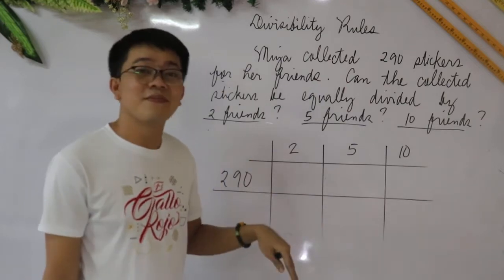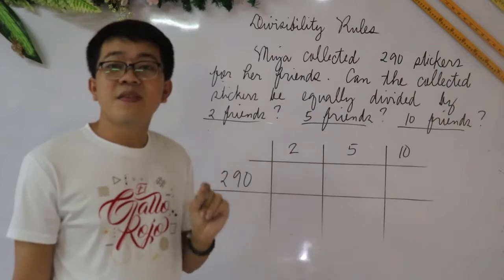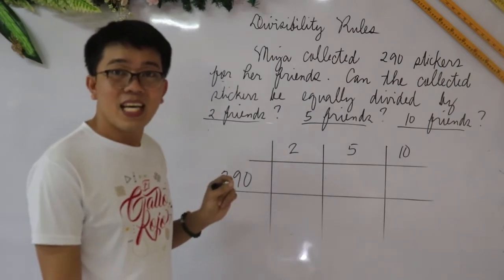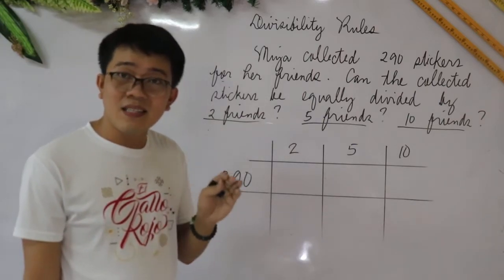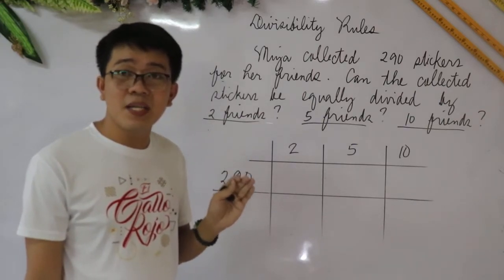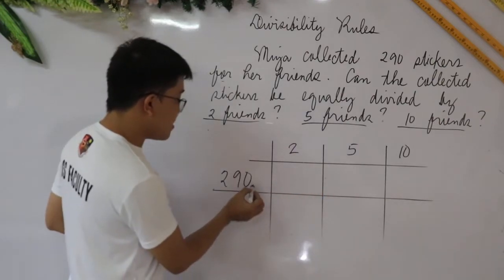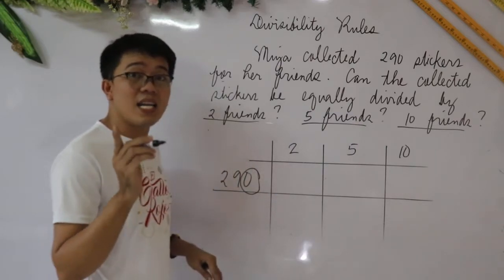Let's try to check. First, is this 290 divisible by 2? Remember, the statement in divisibility rule number 2 is the number is divisible by 2 if it ends with an even digit. Remember, the last digit of this 290 is 0, and definitely 0 is an even digit.